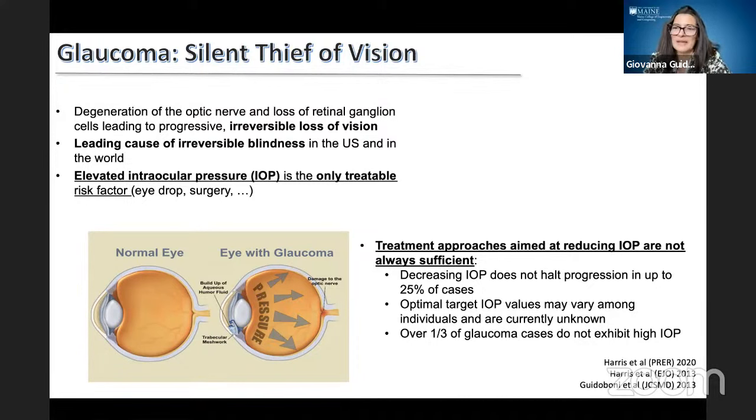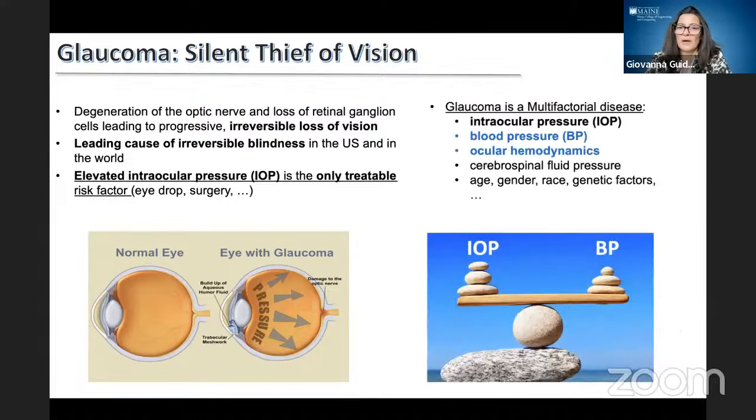But the truth is that the optimal target IOP values are not really clear. They may vary among individuals, and such optimal values are not known. So yes, there is an approach to the disease, but it is pretty limited. So the question is, how can we help? How can we help prevent vision loss in that large part of the patient population for which lowering intraocular pressure is not enough?